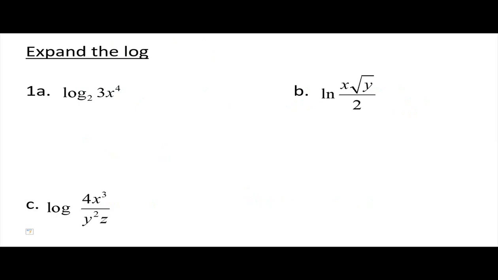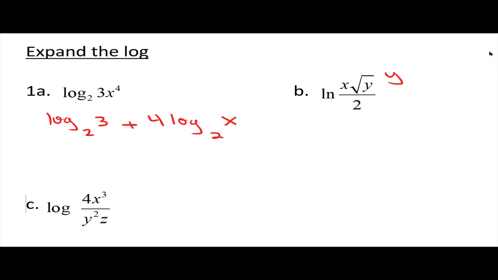Okay, so let's take a look at some examples now. So we're going to use those log properties to expand these logs. When you're expanding, you have a single log, and you're going to rewrite it as multiple logs. So this first example here, we would have log base 2 of 3 plus 4 times log base 2 of x. Now if you have something that's in radical form, you want to change this.